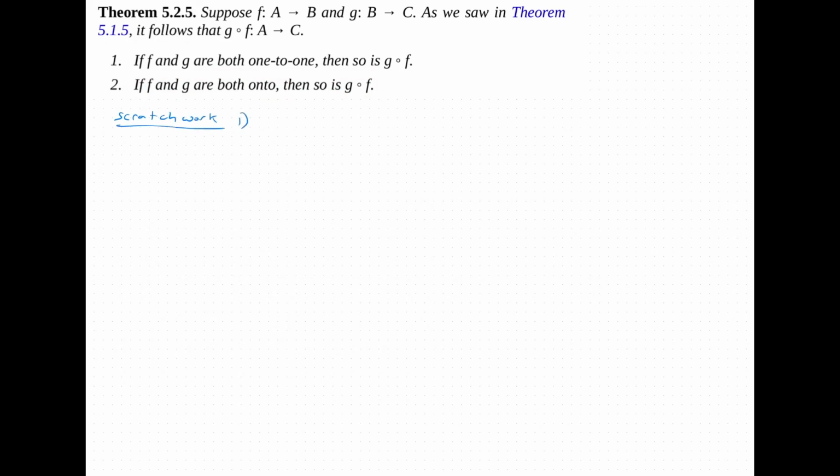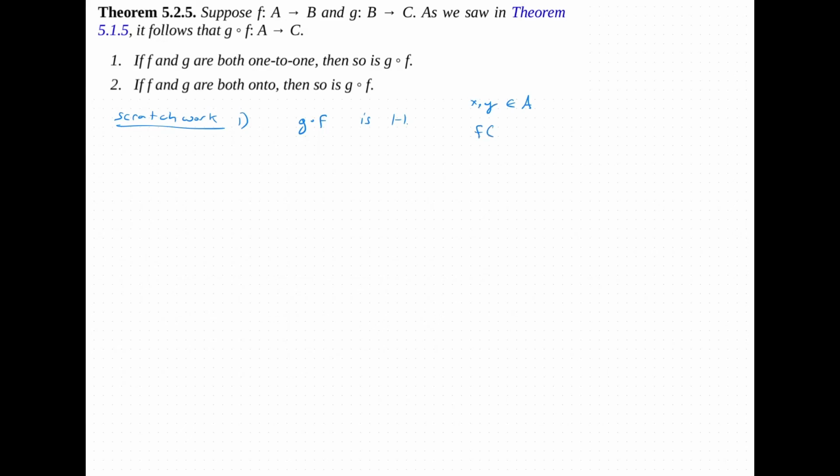So let's look at 1. So we want to show that g compose f is 1 to 1. So what we need to do is consider a and b in the set of inputs, but the set of inputs is A, so we're going to say a, b are in A. Actually, since we may have to use lowercase b later, let's use x, y.